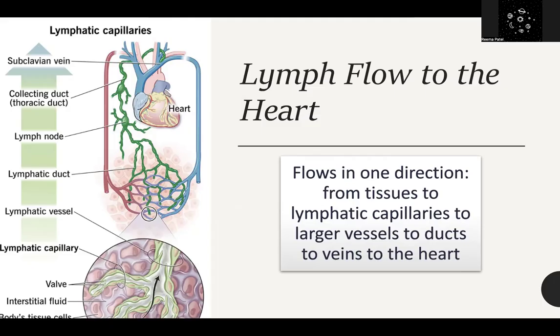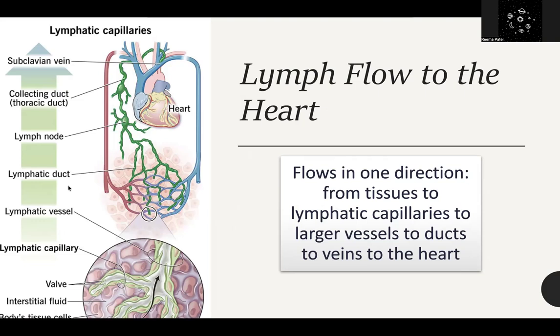So the movement of lymph back to the heart begins when excess interstitial fluid enters the endothelial flaps. Once inside, the fluid is now known as lymph. It flows through the larger vessels, which contain valves that keep it flowing in one direction and prevent backflow.